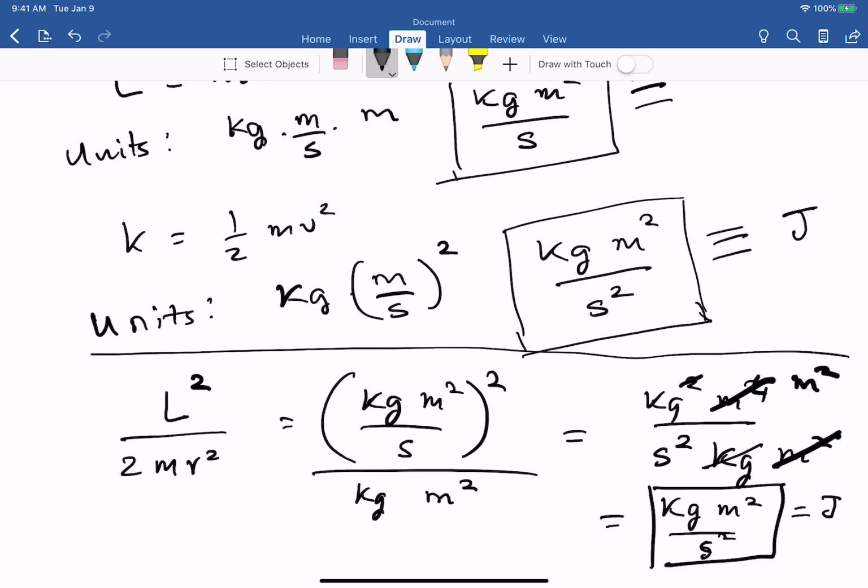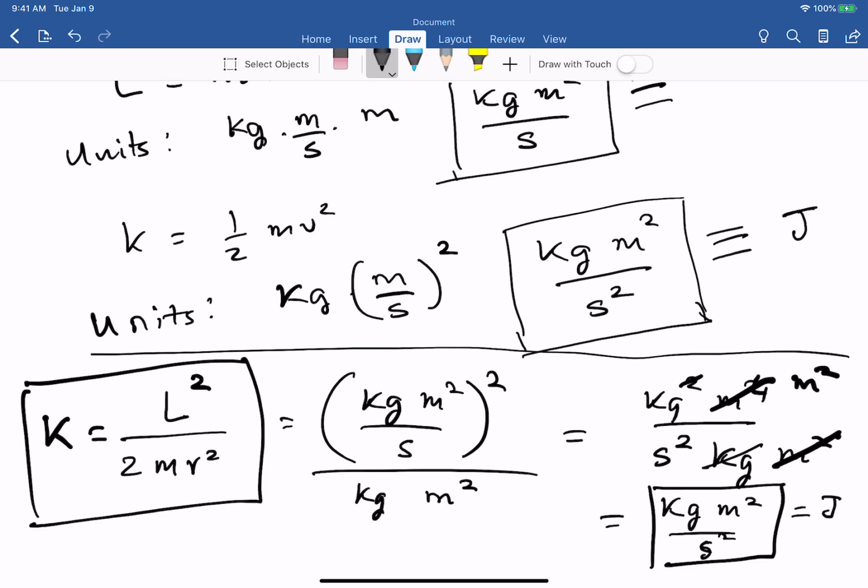So it looks like this equation is most likely correct from dimensional analysis, though dimensional analysis tells you whether the equation is mostly correct, but it does not help you find out whether the numerical quantities are correct or not. So in this equation, K is equal to L square divided by 2mr square.